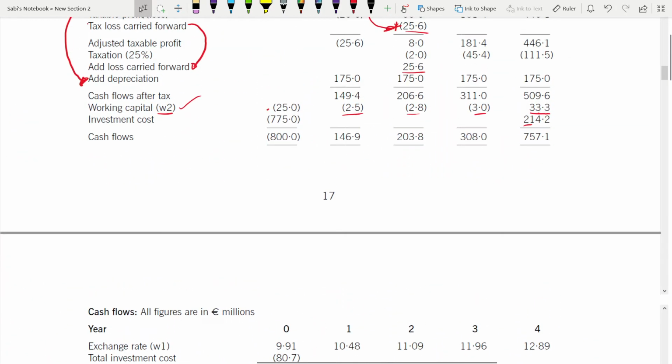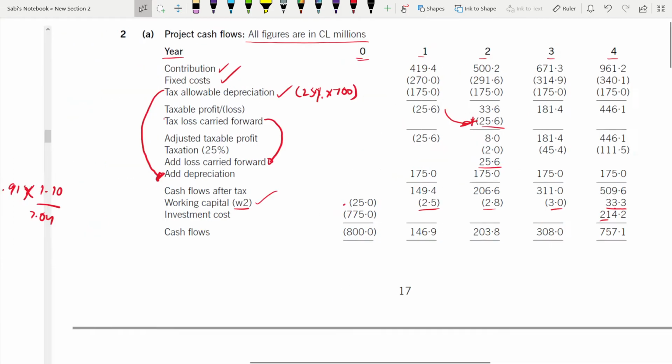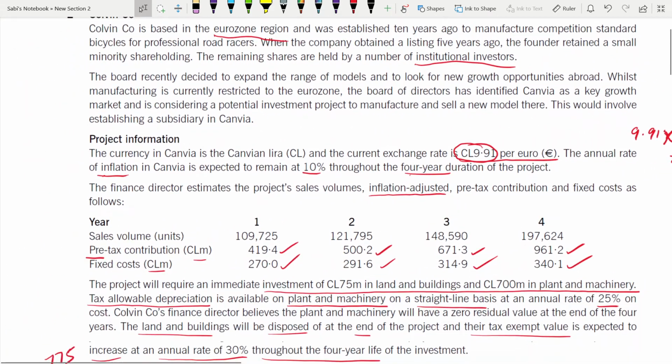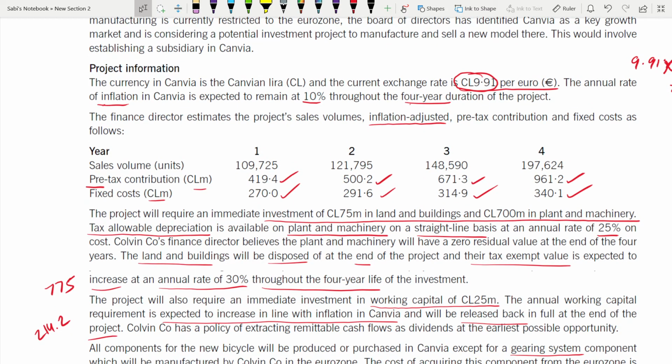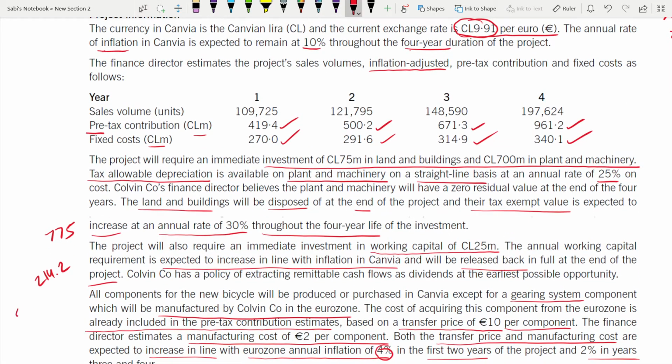Now we have to think a bit. So think. It is relating to your land and buildings only. 75. So basically in year 0, land and building is 75.